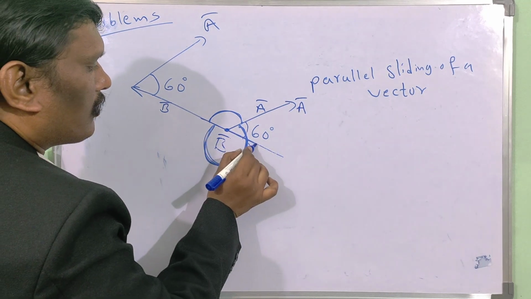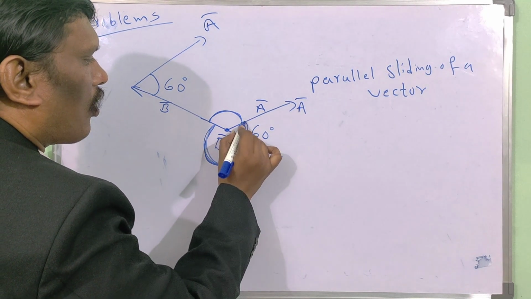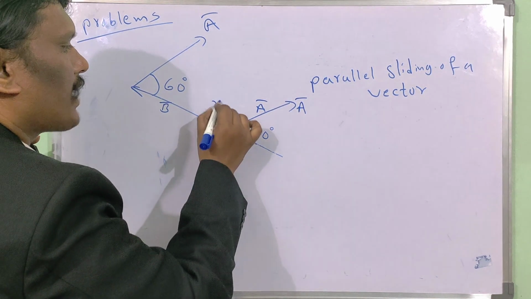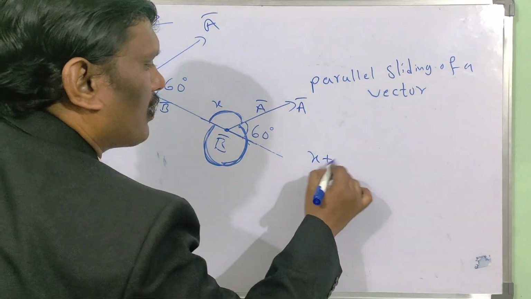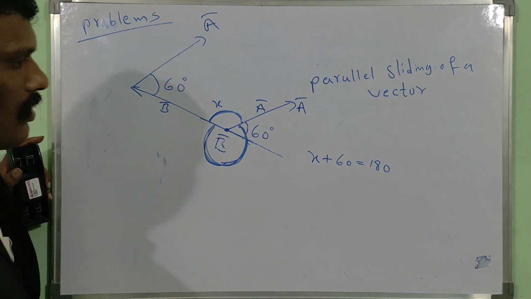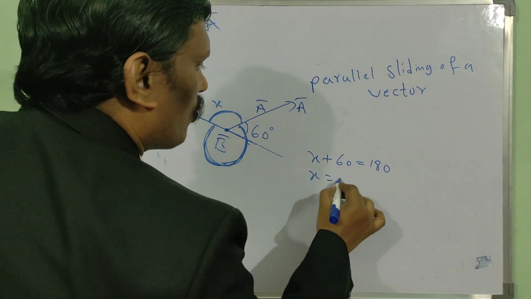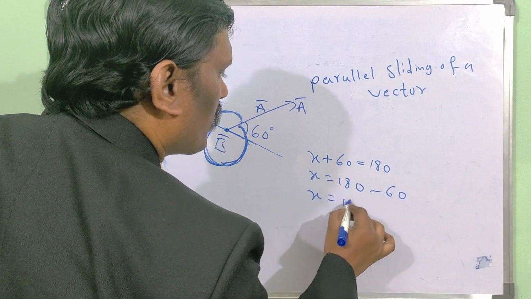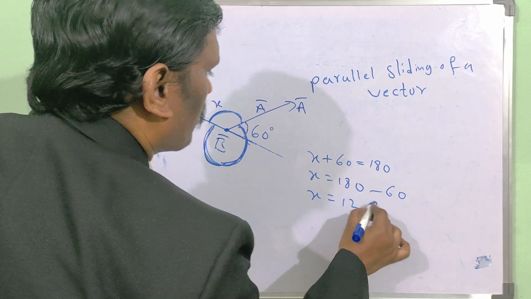This is a straight line. Now the sum of these two angles, if I don't know this one, call it x, means x plus 60 is equal to 180. We generally call it a linear pair. Then what is x? Transposing 60 to the other side, 180 minus 60. Then I get x as 120 degrees.